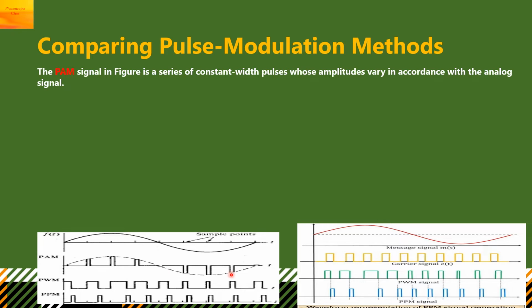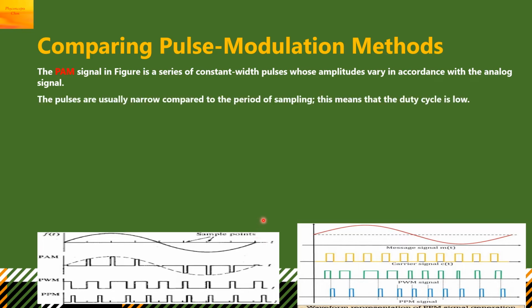The pulse width remains the same, whose amplitude you can see is varying in accordance with this analog signal, which we can call a message signal. The pulses are usually narrow compared to the period of the sampling. This means that the duty cycle is low.